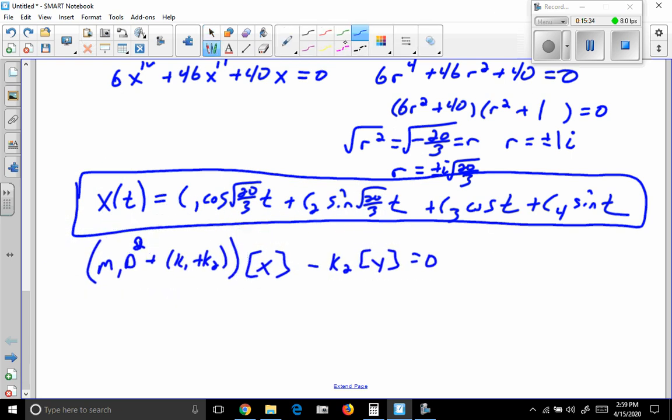Let's plug our numbers back in. So our M1, this was 2D squared, and we'll go ahead and put it in this format first: 10 thirds plus 4. That's our operation on x minus k2y, so minus 4y.